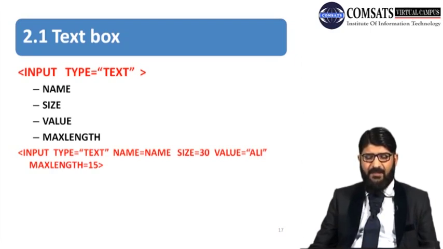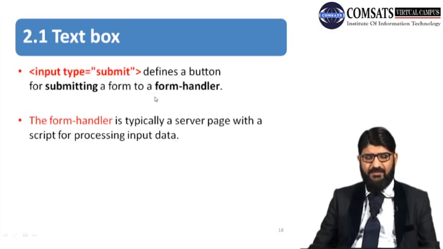So for example, input type you have mentioned text, in the name you have mentioned name, and size is 30 and value is Ali and the maximum length that is allowed is 15.